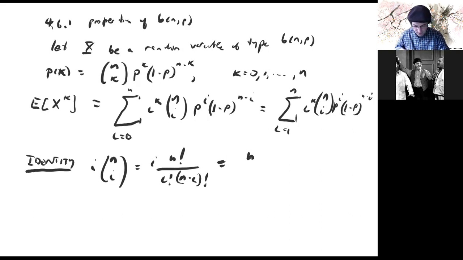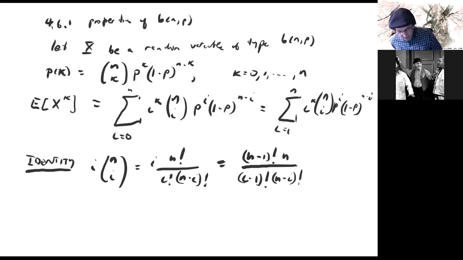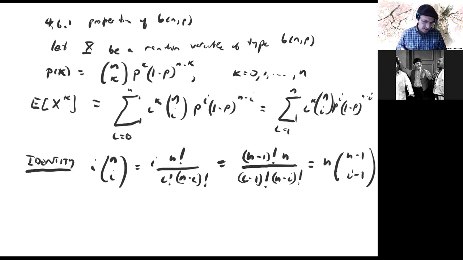And I can factor out from the n factorial a factor of n to make an n minus 1 factorial times n. So this is n minus 1 factorial times n over i minus 1 factorial times n minus i factorial. If you bring the n out, this is the same thing as n times n minus 1 choose i minus 1. You could easily check that. So that's the identity I want to use in all of this.